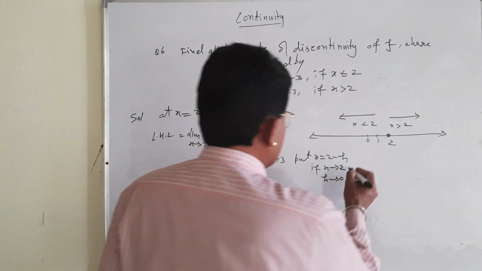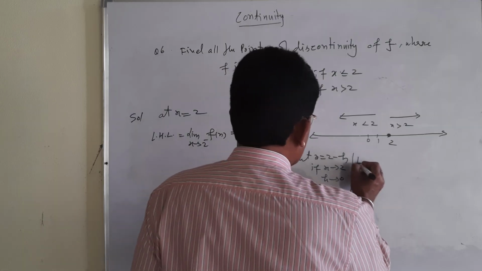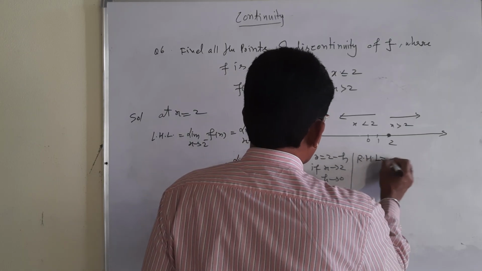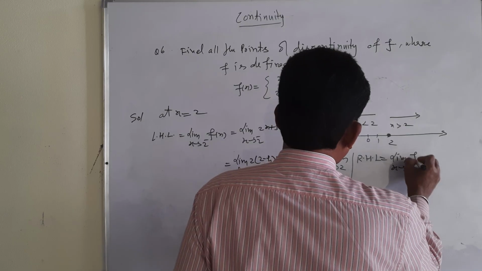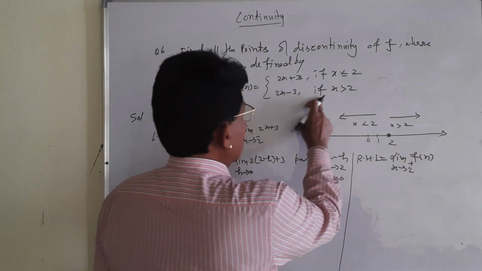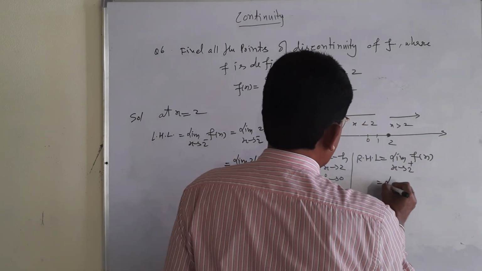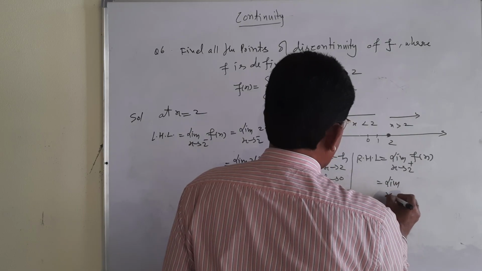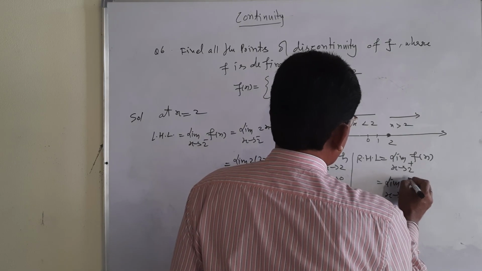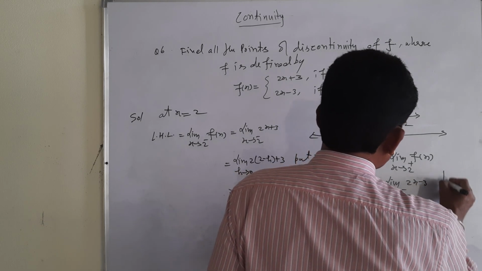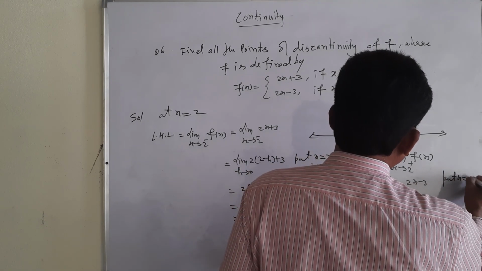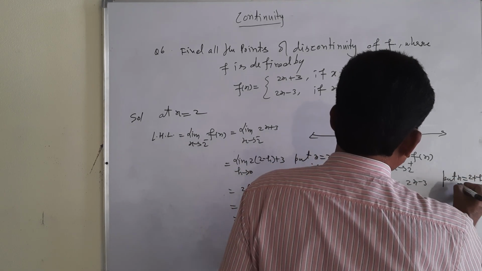Then you see the right hand limit. Right hand limit will be equal to what? Limit of f(x) as x tends to 2 from the positive side, meaning greater than 2, this function will be there. The function is 2x minus 3. Put similarly x equal to 2 plus h.